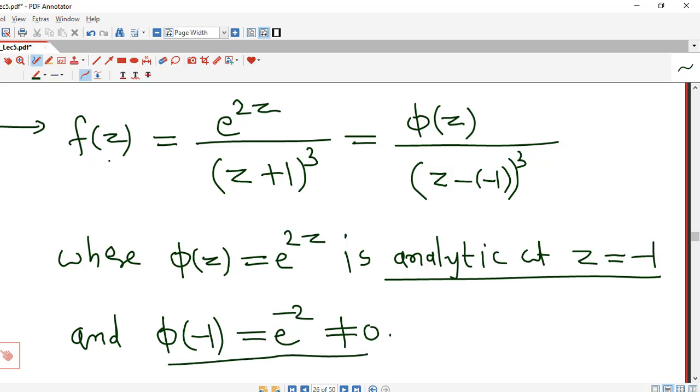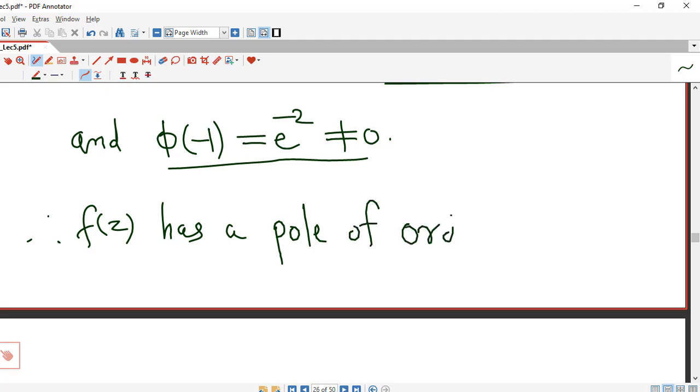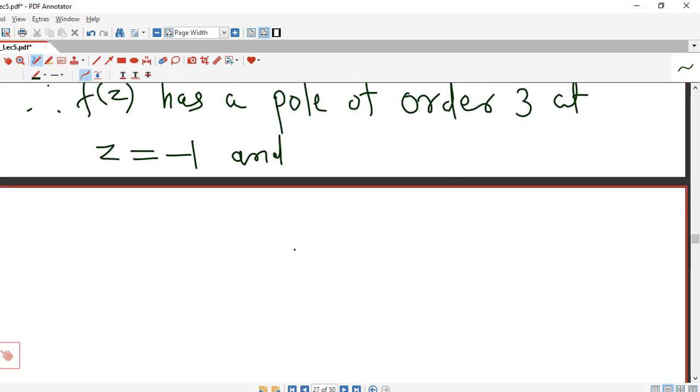So therefore we can say that z = -1 is a pole of order 3, because here the power of z - (-1) is 3. So f(z) has a pole of order 3 at z = -1, and we are interested in the residue at this pole.